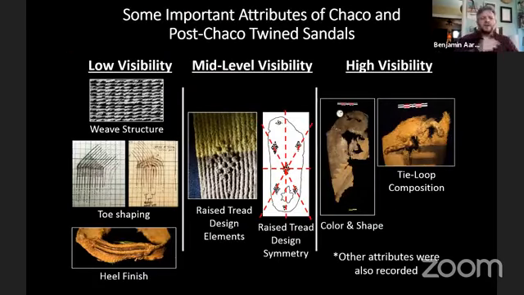I looked at a number of attributes of different visibility. I looked at low visibility attributes like the weave structure, the toe shaping, the heel finish, and other attributes. Then some a little easier to see, like the raised treads and design elements: how did they make those, and what were the designs? And then high visibility things, so the color, the shape, and how the tie loops were put together.